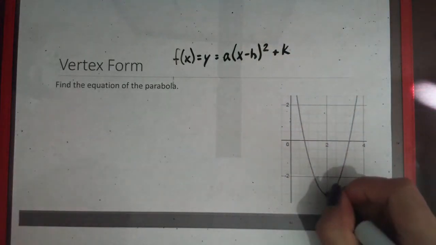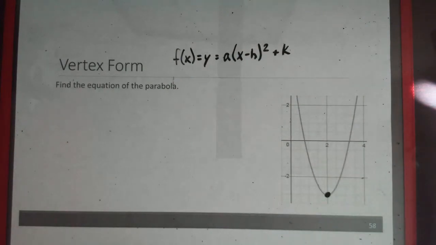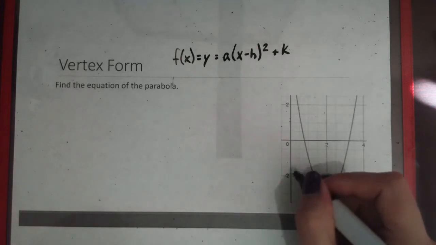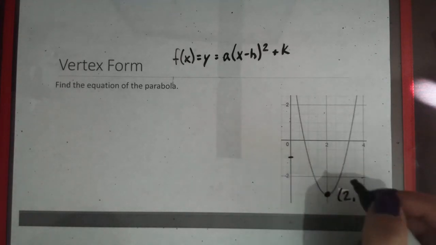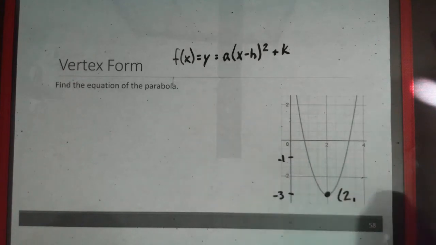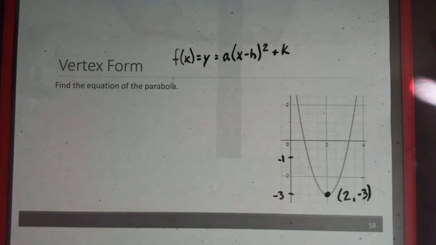So right now, I can find our vertex that has an x value of 2 and a y value of, well, if negative 2 is here, then negative 1 is going to be there, meaning there's going to be negative 3. So 2, negative 3 is going to be the location of our vertex.